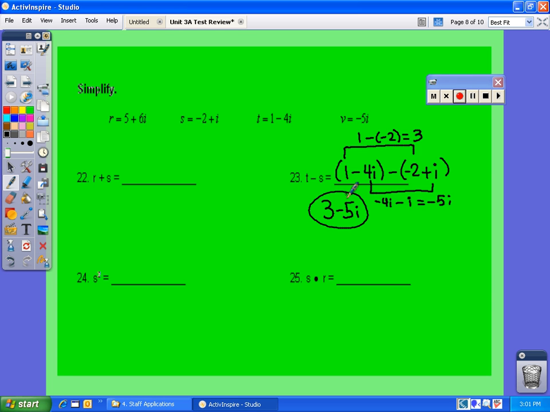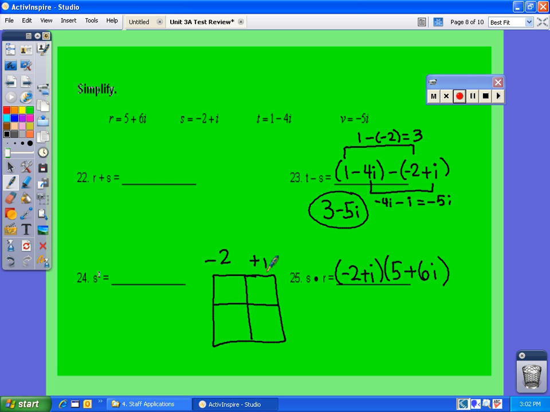Okay, the next one says s times r. So you're going to do negative 2 plus i times 5 plus 6i. Now I'm going to draw a box because I know you guys like the box method. Negative 2 plus i, 5 plus 6i. And then you multiply.